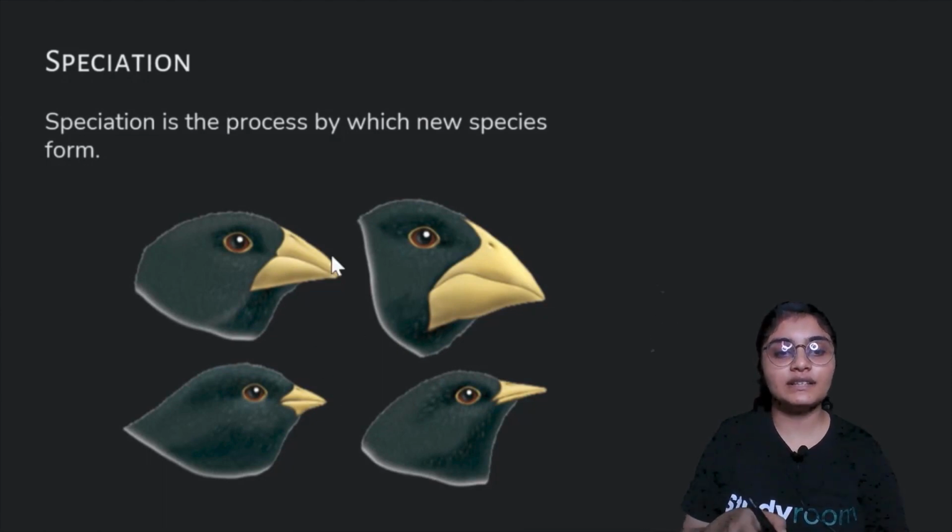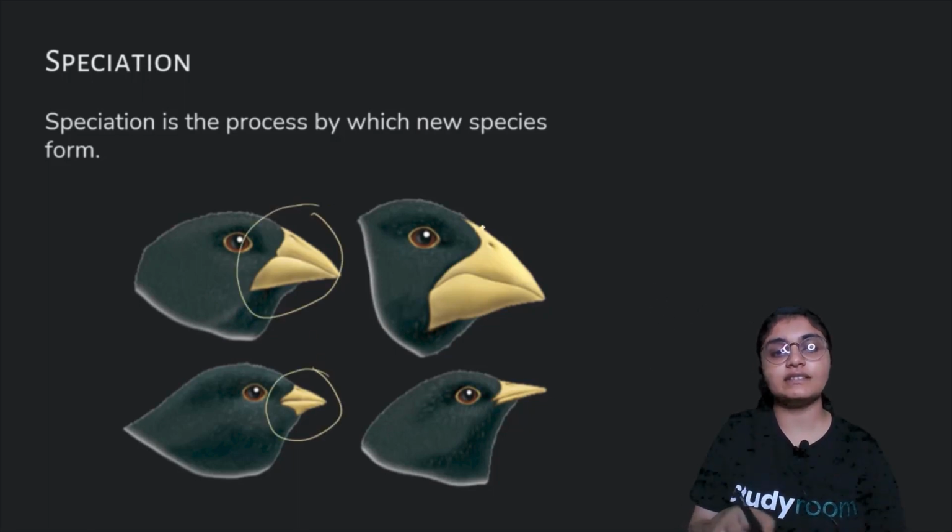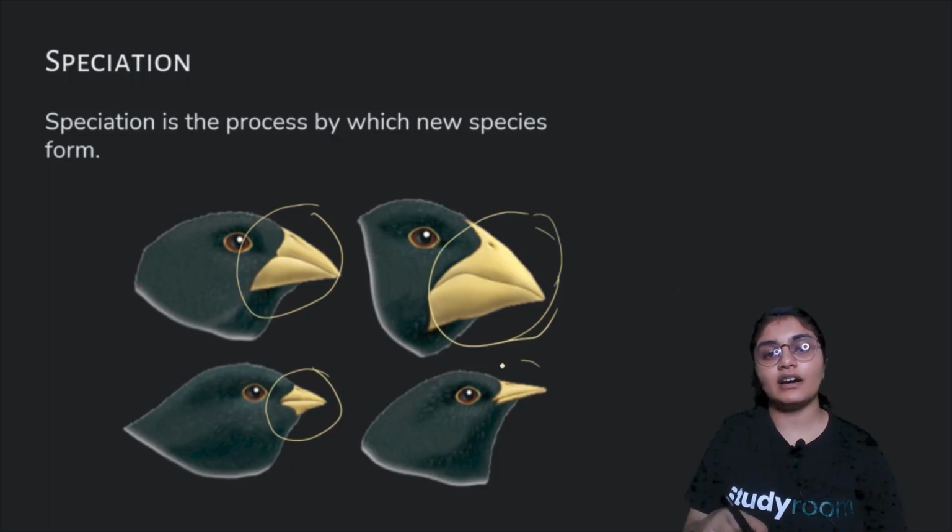Here you can see a bird, and these birds look very much alike, but they have certain differences. The difference is in their beak, which may have been formed due to their feeding habits.